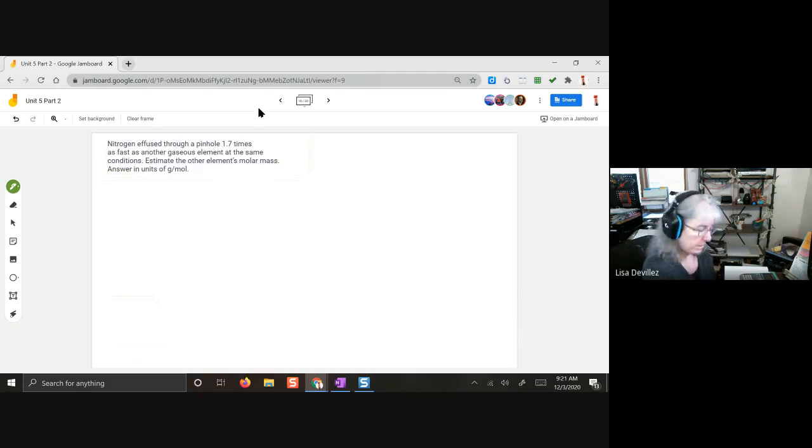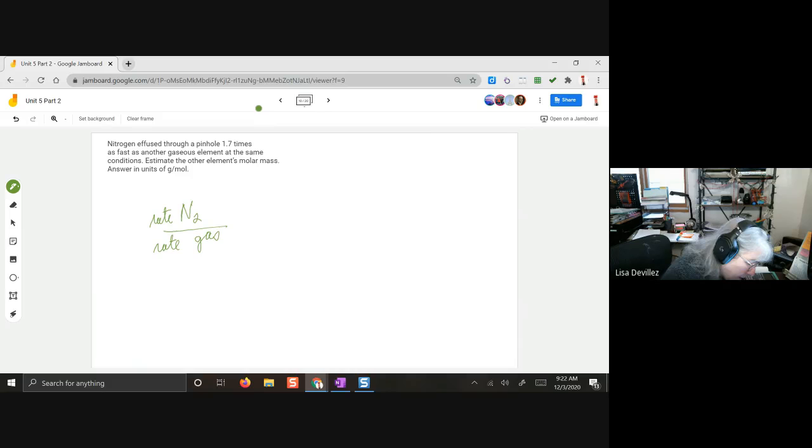Oh, okay. All right. So here we have nitrogen versus some other gas. And so the rate of the other gas is going to equal, we'll have the square root of the mass of the nitrogen on the bottom, the square root of the mass of the other gas on the top.